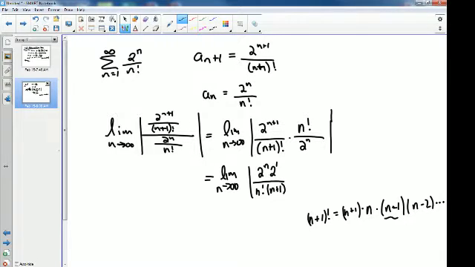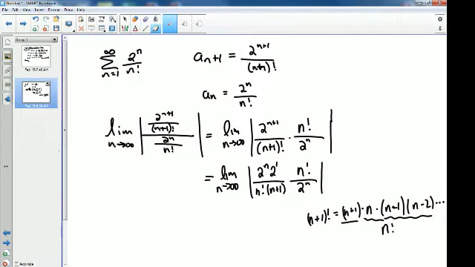This part can be written as n factorial. We split this apart because we have an n factorial up here, and if we have one on the bottom, we can cancel them out. You're using your properties of factorials and powers to get rid of stuff. What can we do?